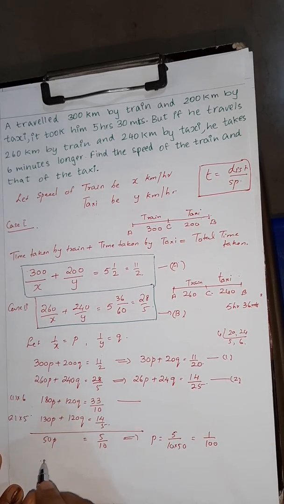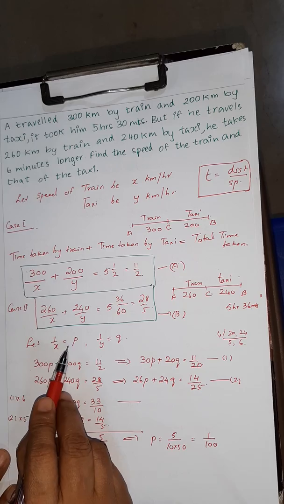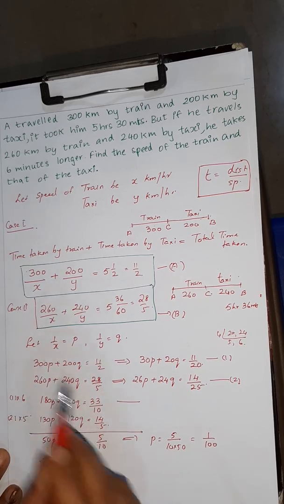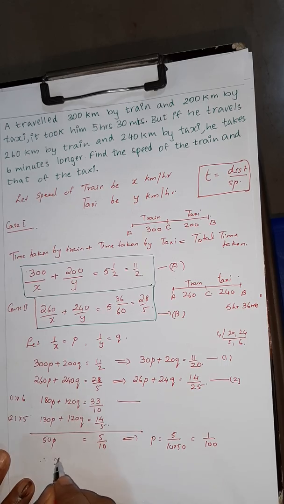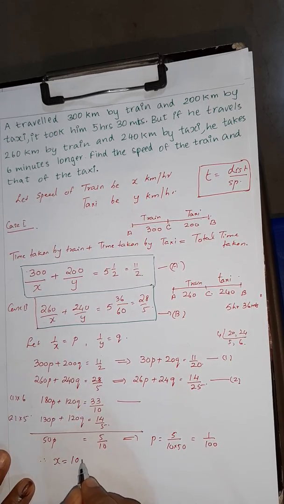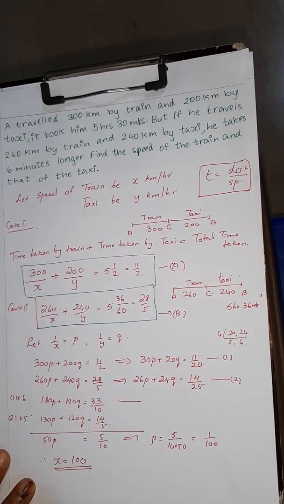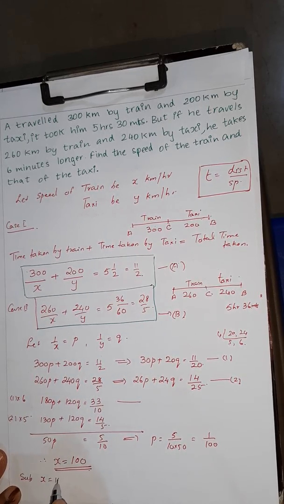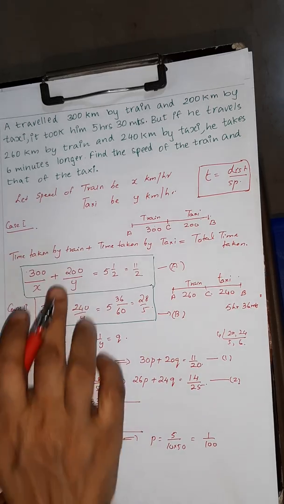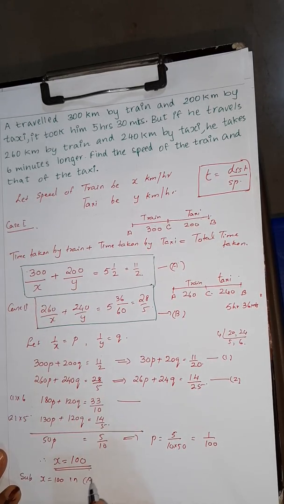So, therefore, we have taken P equal to 1 by x. So, 1 by 100 equal to 1 by x. Therefore, x is equal to 100. Now, substituting x is equal to 100 in this equation, straight away we can find the value of y.